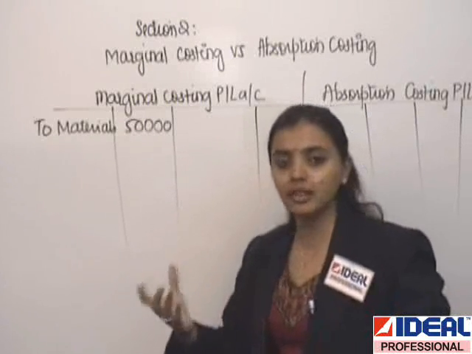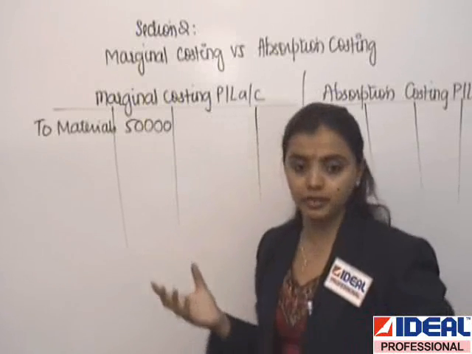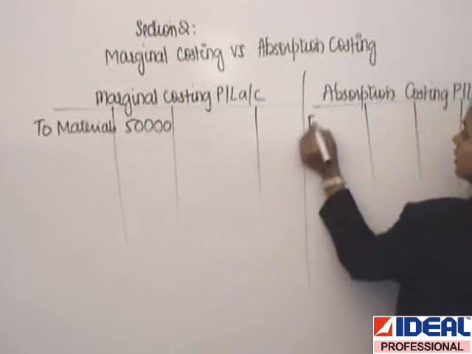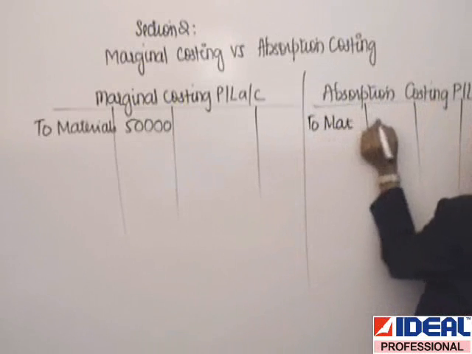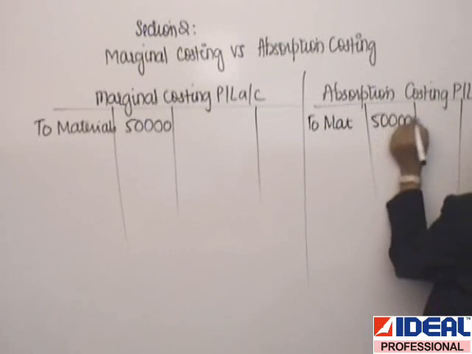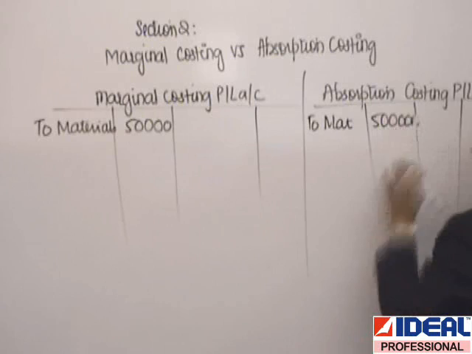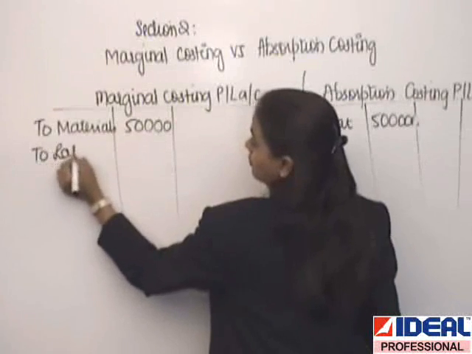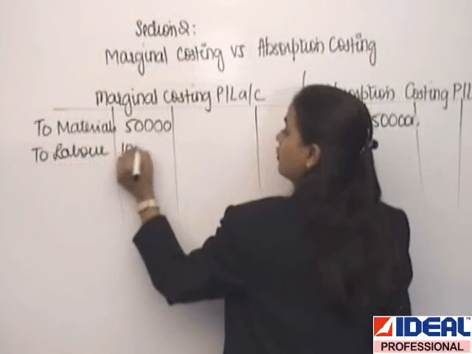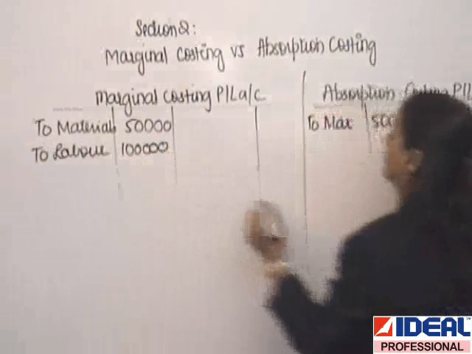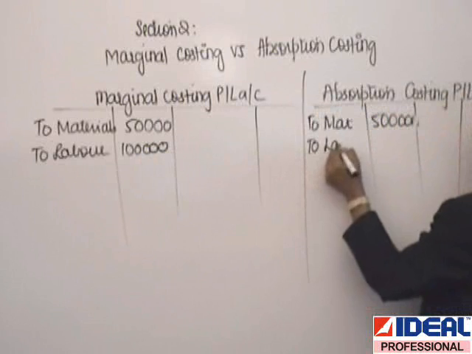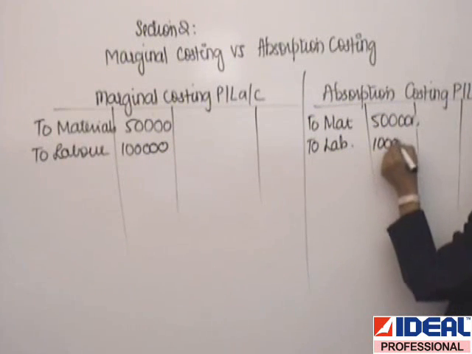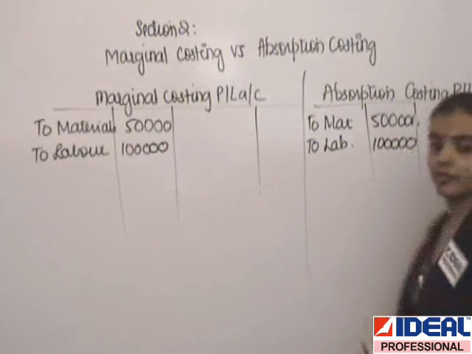In absorption costing, the difference lies in your fixed overheads part. So materials में कोई फर्क नहीं है. To materials 50,000. हम wages pay करते हैं 1 लाख रुपया. To labor 1 lakh. Same thing will come over here, to labor 1 lakh.